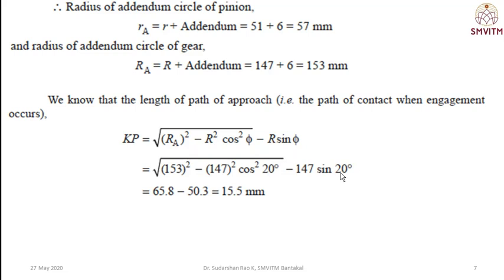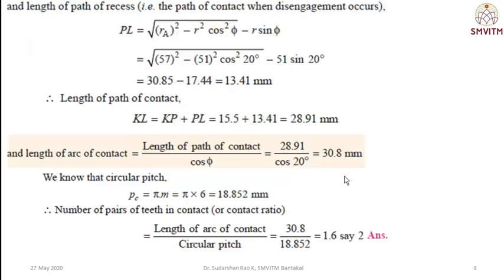Then the length of path of recess, PL, equals square root of ra square minus r square cos square phi, minus R sin phi, which is 13.41 millimeter. Therefore the length of path of contact equals 28.9 millimeter, the sum of 15.5 and 13.4.